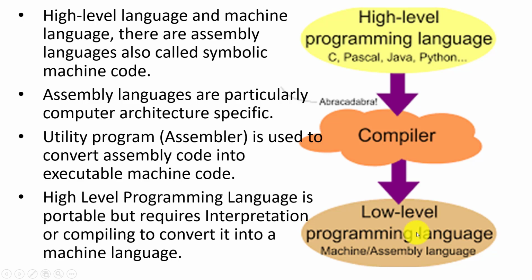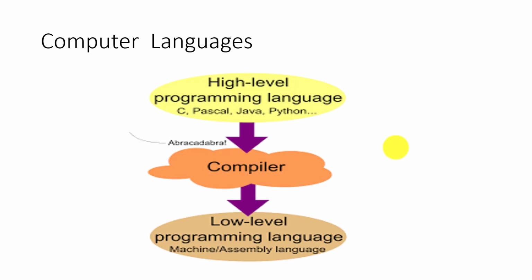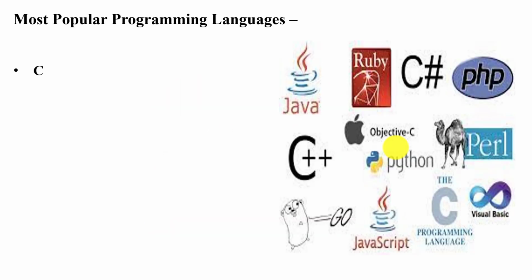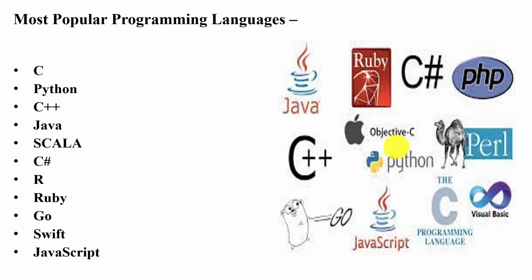But machine level language cannot be readable because it is binary code, 0 and 1. That's why we need an interpreter, called an assembler or a compiler. The most popular programming languages are C, C++, Java, PHP, Perl, JavaScript, Python, etc.